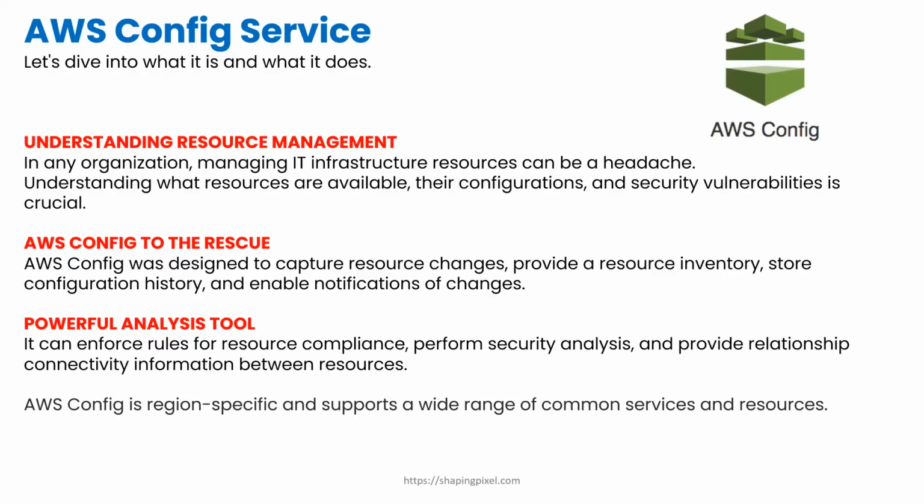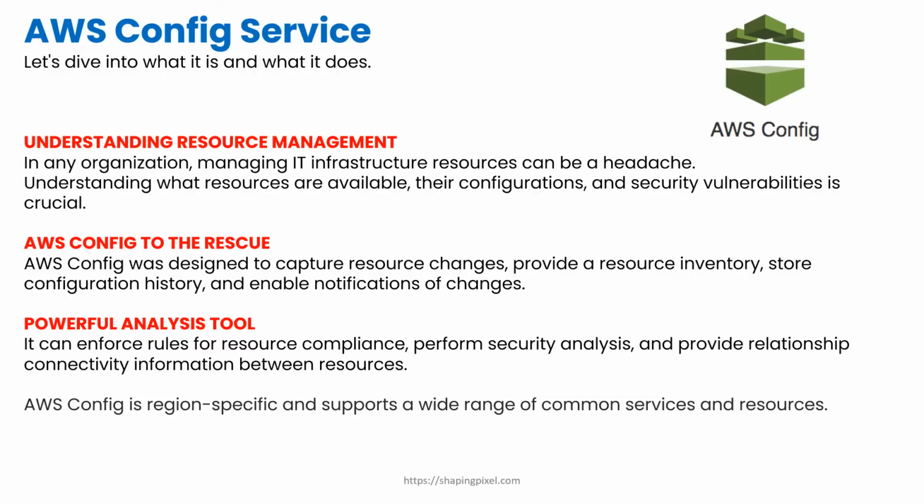AWS Config Service. Let's dive into what it is and what it does. So, in any organization, managing IT infrastructure resources can be a headache. So understanding what resources are available, their configurations, and security vulnerability is crucial.